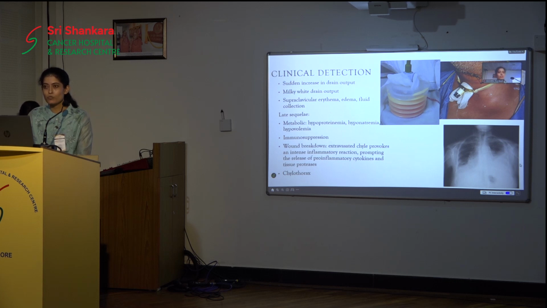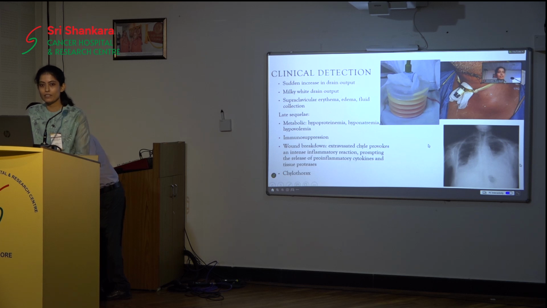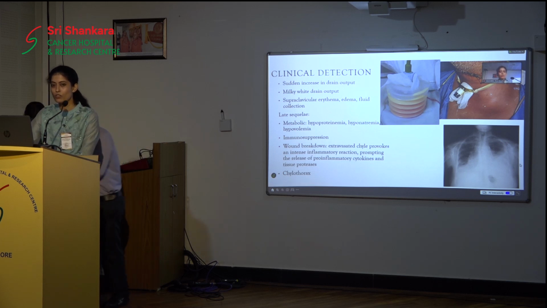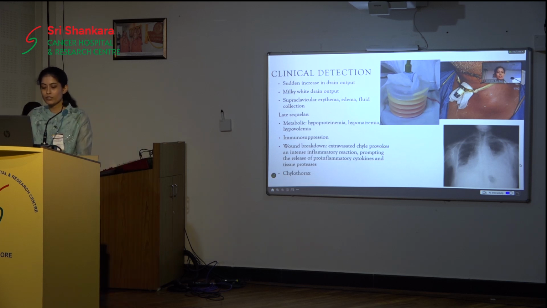You also need to monitor the patient for various sequelae like metabolic abnormalities and electrolyte disturbances, and also get a chest X-ray, because if you see a pleural effusion or air fluid level, it can either indicate lower oncotic pressure or that the patient has started to develop chylothorax.